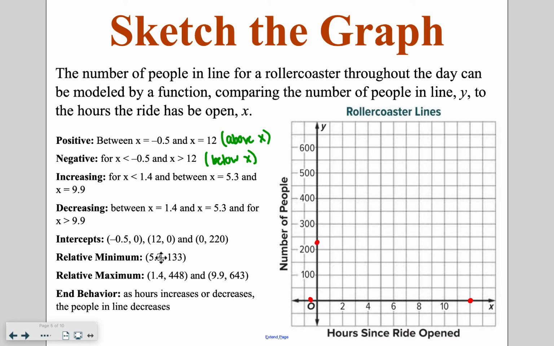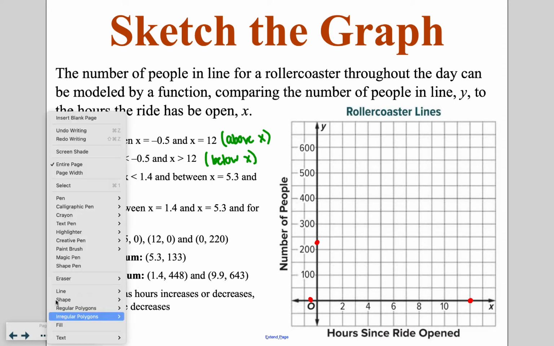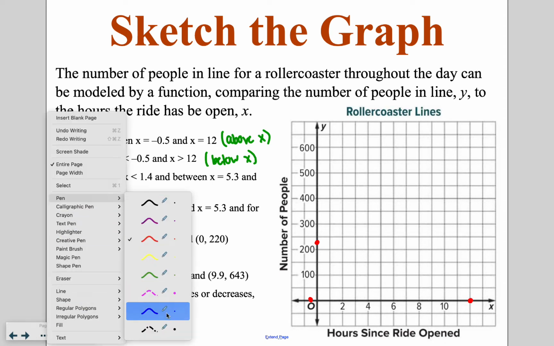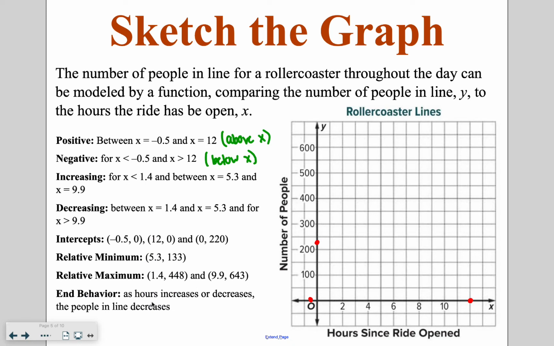It also tells us where I have relative minimums and maximums. So this graph is going to be going up and down multiple times. So my relative minimum is going to be at 5.3, so just above 5, and at 133, so somewhere right in here.